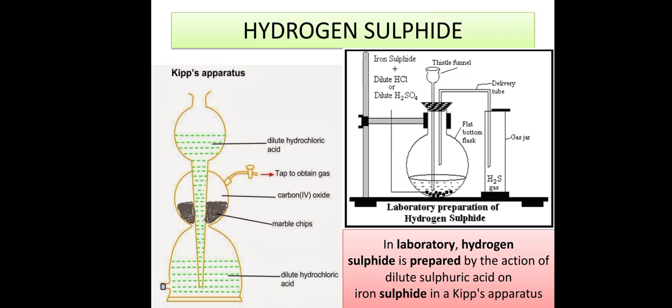H2S is heavier than air, so it is collected by downward displacement of air. And for the drying of H2S, it is dried by passing through alumina or phosphorus pentoxide.